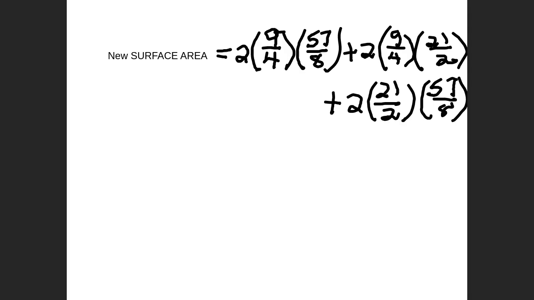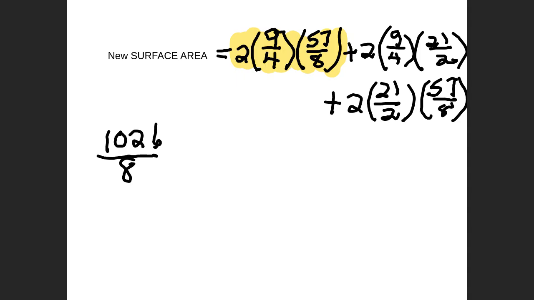Well, we're now going to have to do this in pieces. We're going to multiply these two together. Well, this means I'm taking 2 times 9 times 57. Now, this will give me a fraction of 1,026/8. Okay.